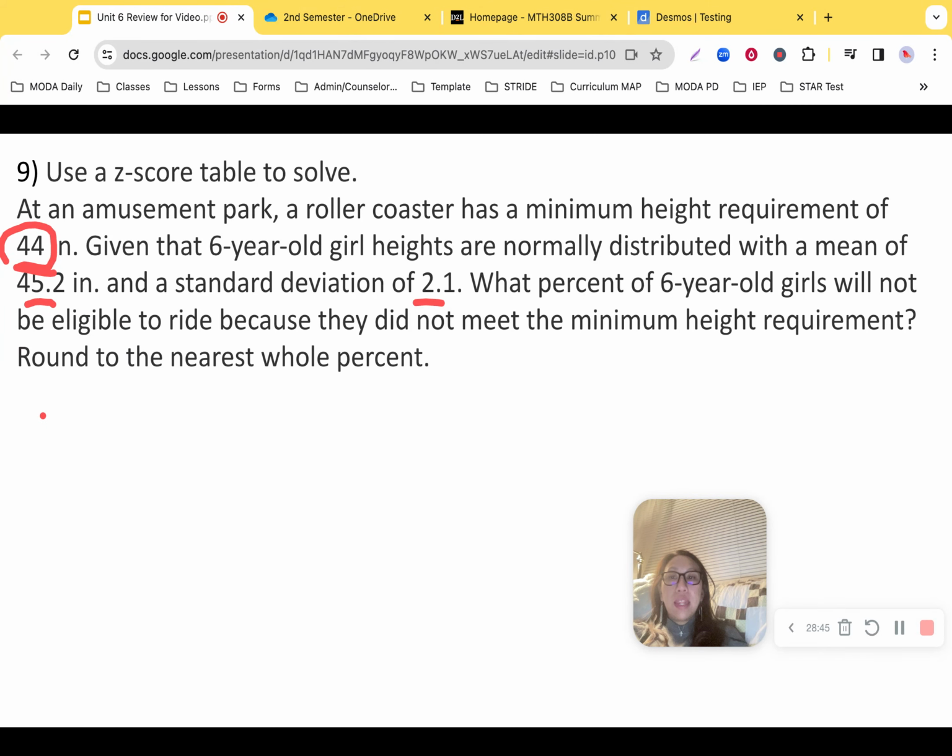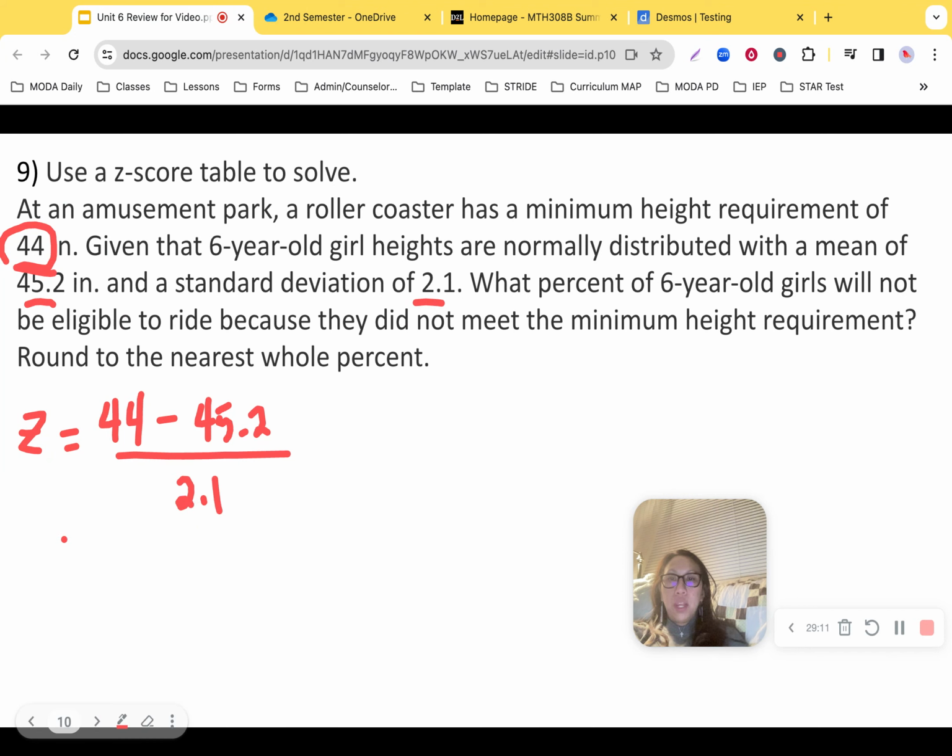So 44 is a raw score, and we subtract the mean, which is 45.2, divided by the standard deviation of 2.1.